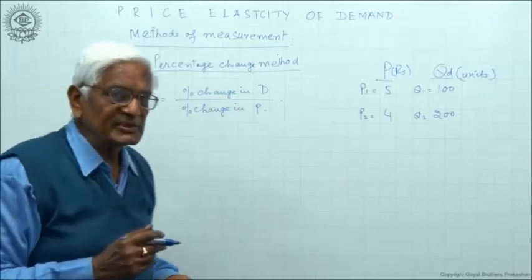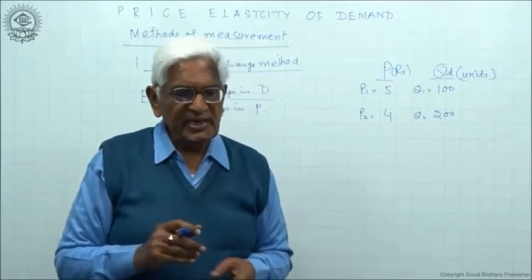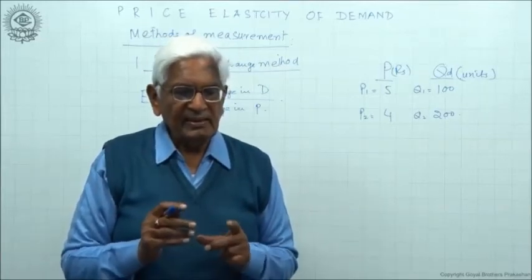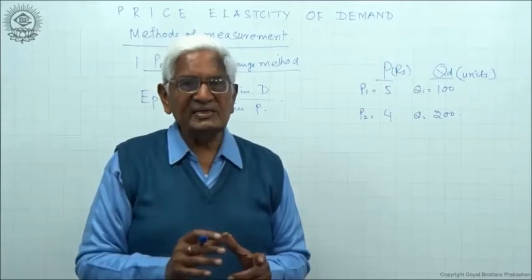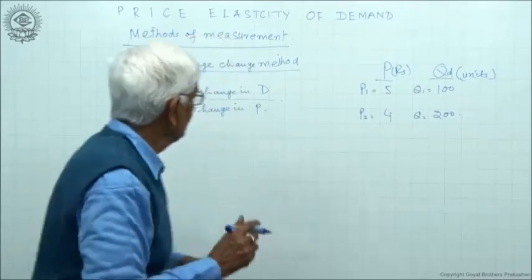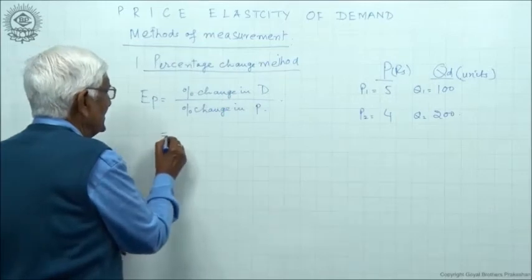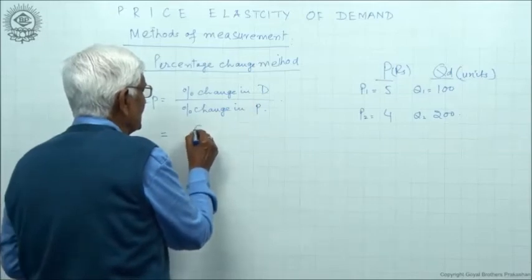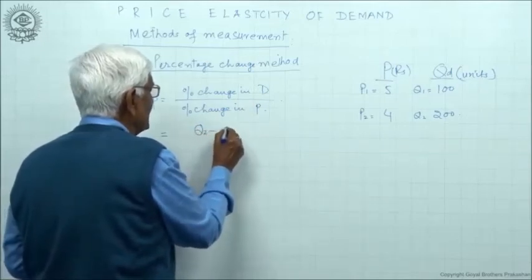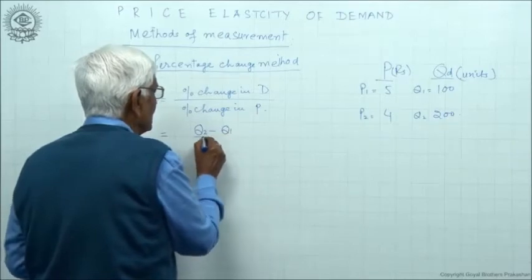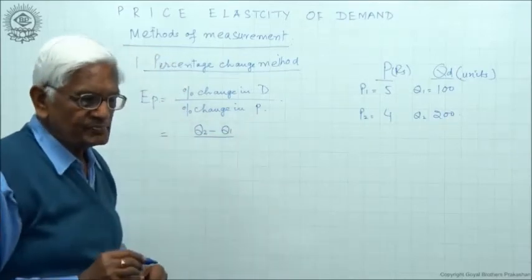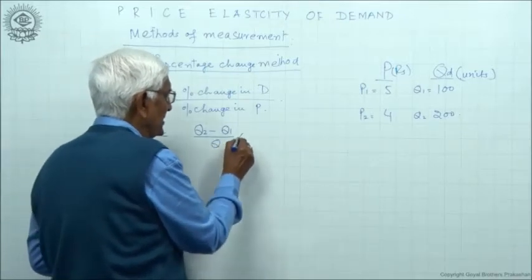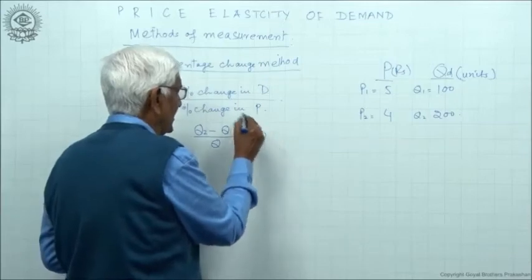But there is a generalized version, and it is like this. Percentage change in demand is Q2 minus Q1 divided by Q1 multiplied by 100.